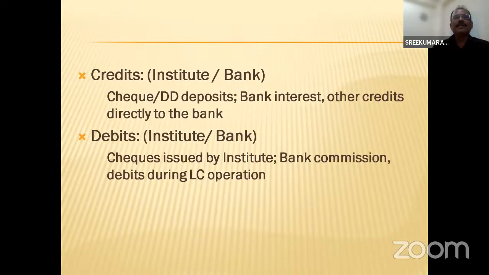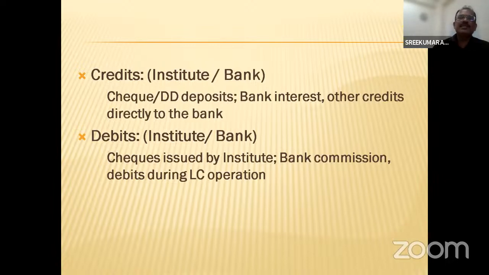Credits, I know these are the credits, bank. These are the credits which finally culminate in an imbalance in the cash balance in the cash book and also the bank. The cheques, the demand deposits, the bank interest and other credits directly made by the parties to the bank.